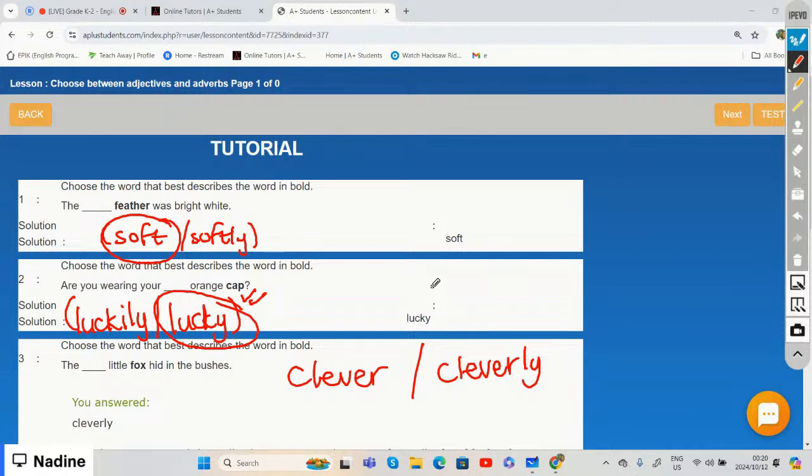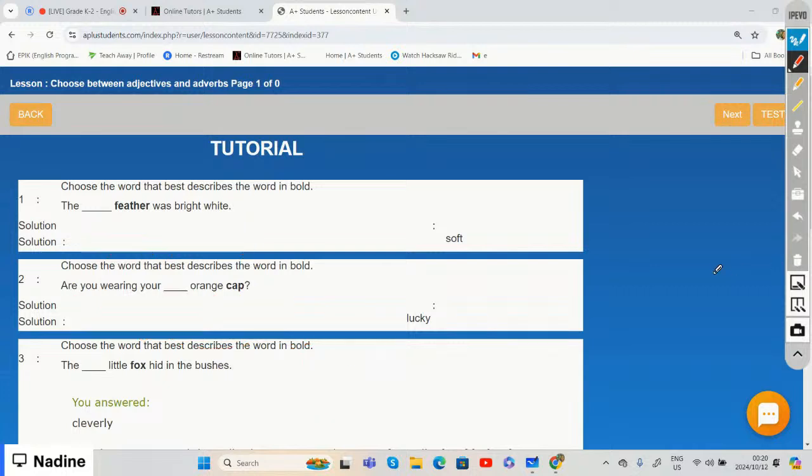All right. And if we were to choose the correct one, we would say the clever little fox hid in the bushes. Well done. So well done. All right.